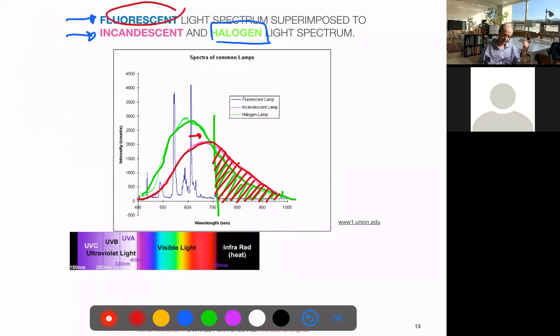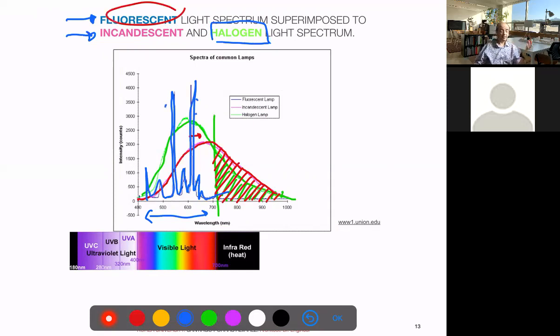What happens with the fluorescent light? Let's use the blue. Very much like the mercury lamps we saw in the previous slide, it's made of spikes. So just by the mix of the concentration of several colors, you get a kind of mimicking of white daylight. And you see they're quite well divided.